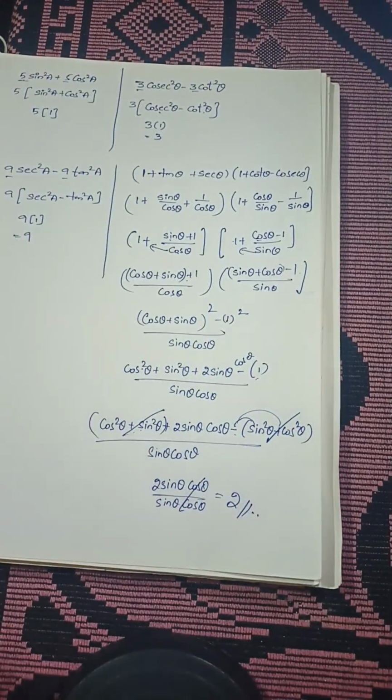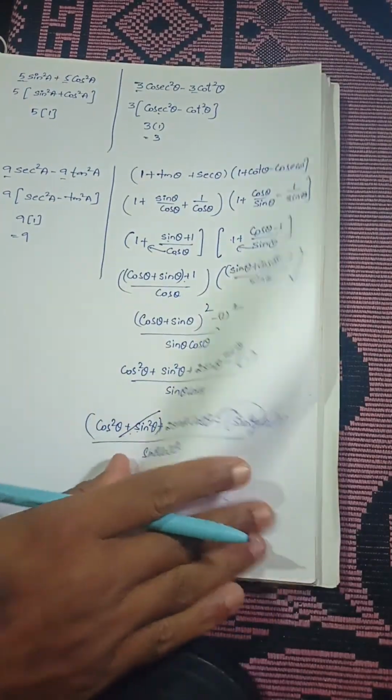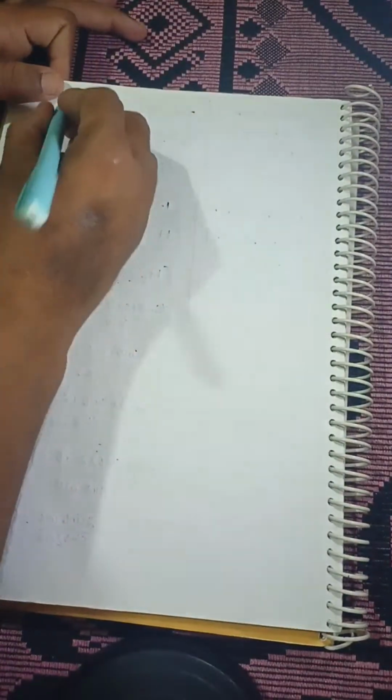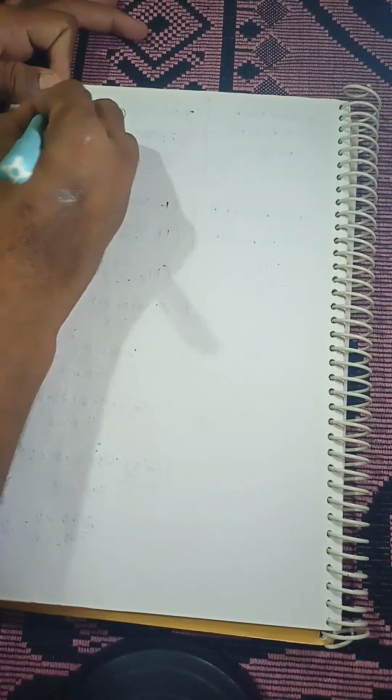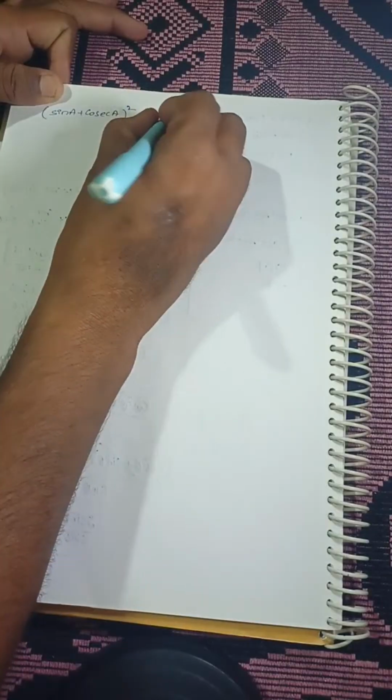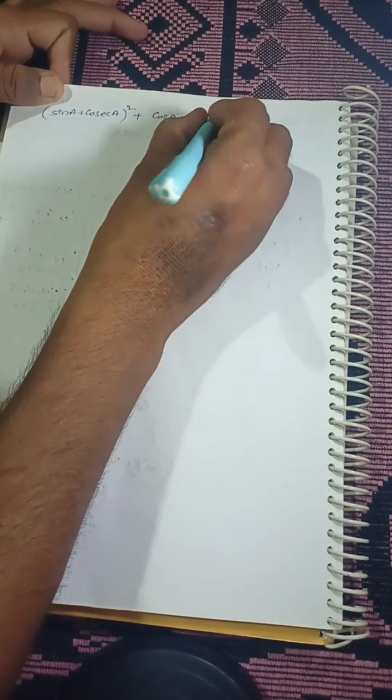Now we are going to the final one, 8.3 big problems. There are some problems, I'll explain. Now see, first we are going to explain sin a plus cosecant a whole square plus cos a plus secant a whole square.